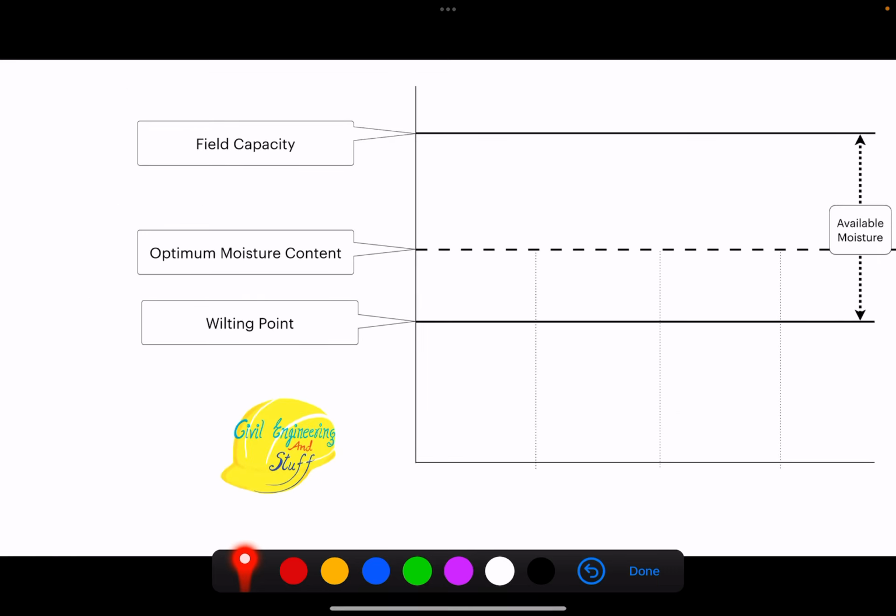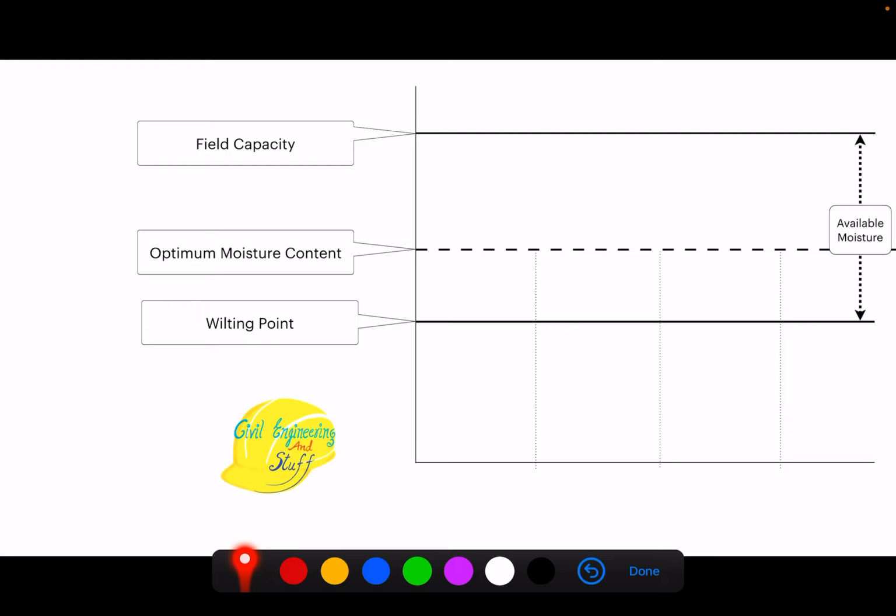Okay, now if we talk about the frequency of irrigation, so if we talk about the moisture available in the soil, we have the wilting point, we have the optimum moisture content, and we have the field capacity. So the frequency of irrigation should be such that we have applied the water, the moisture of the soil is at the field capacity, right?